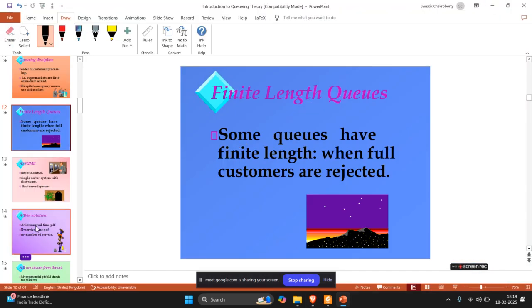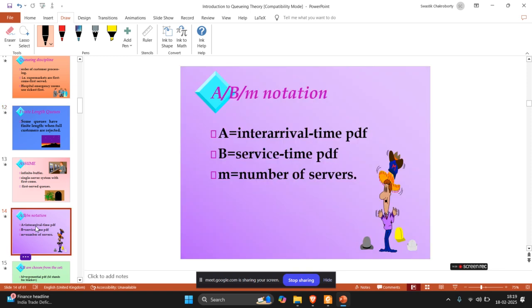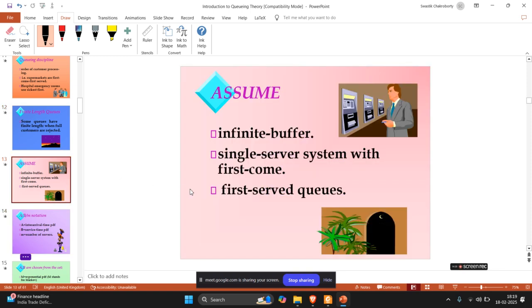So in our communication network, what we do is we take single server systems. We have an infinite buffer, because we have infinite customers, so we will have infinite packets.